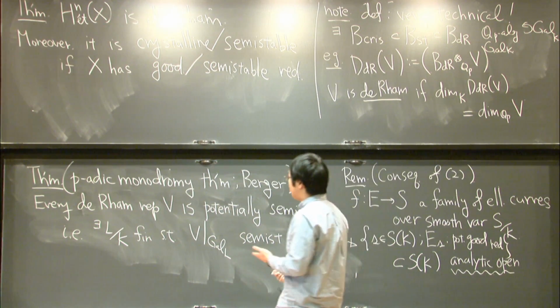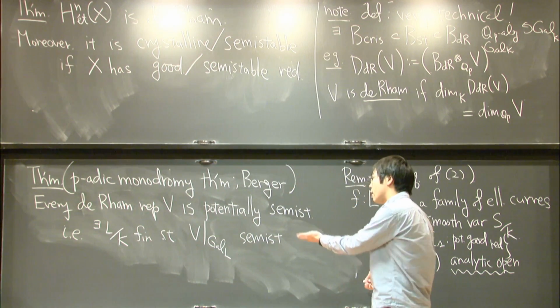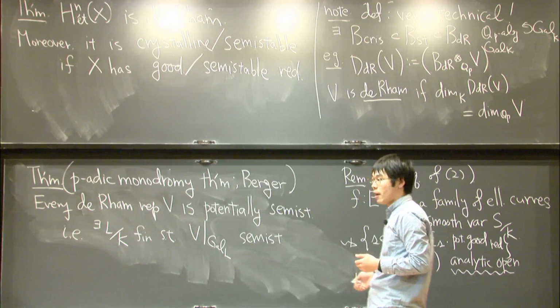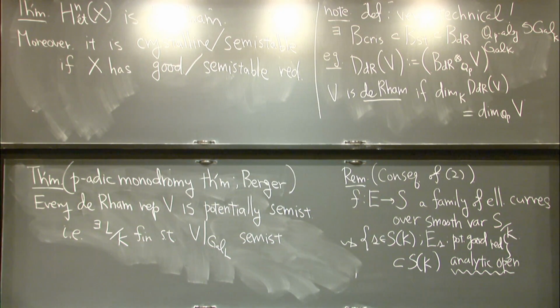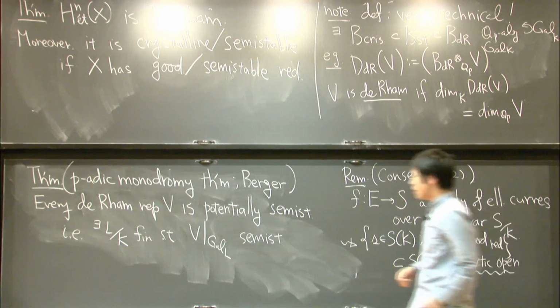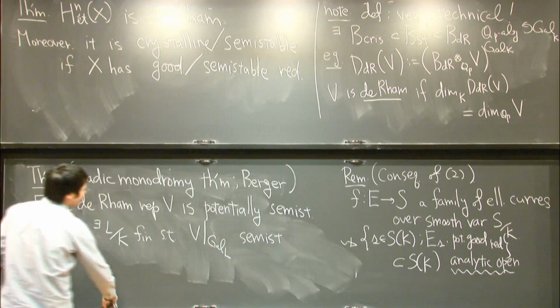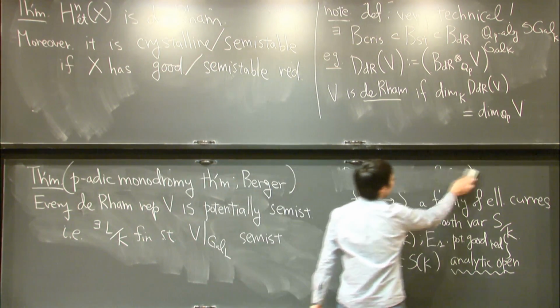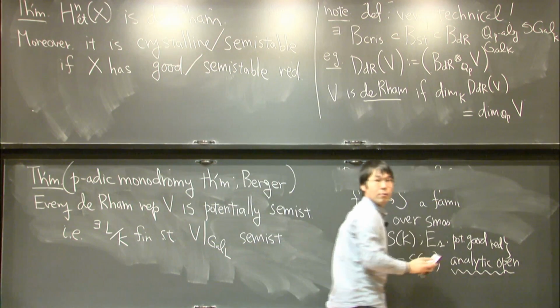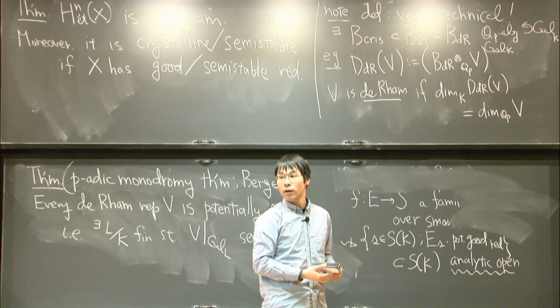And then the goal of my talk is to try to understand this theorem for families, so that I can also get some results, something like a consequence of it. So let me move on to p-adic Hodge theory for local systems, and let me write down the statement. By the way, do you have any questions so far?